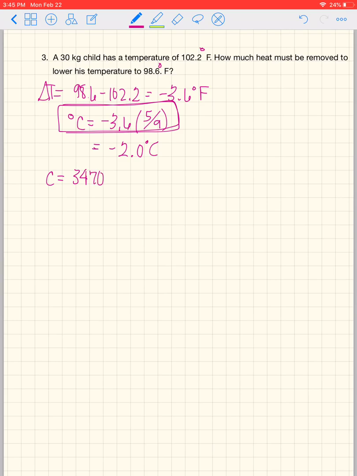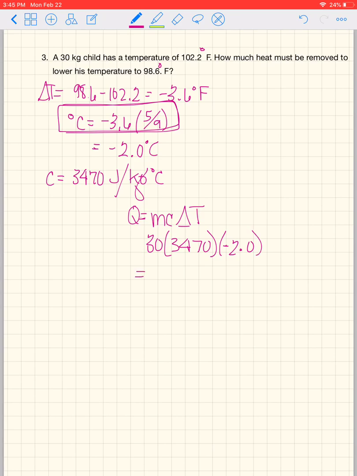And c for water, c for the body is 3,470 joules per kilogram degree Celsius. And again, that's on that document of constants that is on the first page. Now I put it into the equation. Q is equal to mc delta T, and it's going to be equal then to 30 times 3,470 times my delta T, which is a negative 2.0.